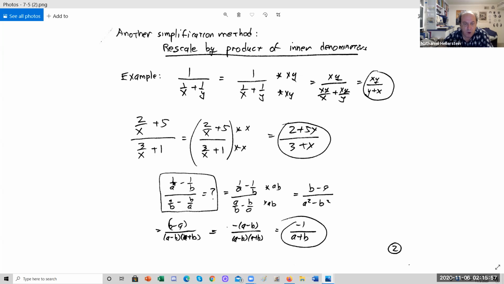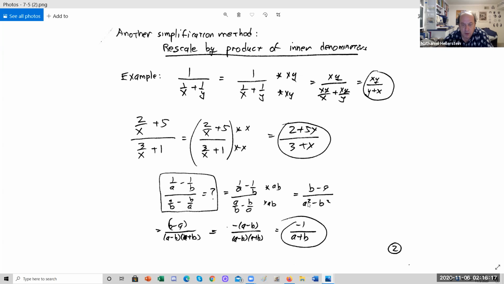Here we have 1 over a minus 1 over b divided by a over b minus b over a. All right. Inner denominators are a and b, so we rescale by ab. And 1 over a times ab is b, minus 1 over b times ab is a.